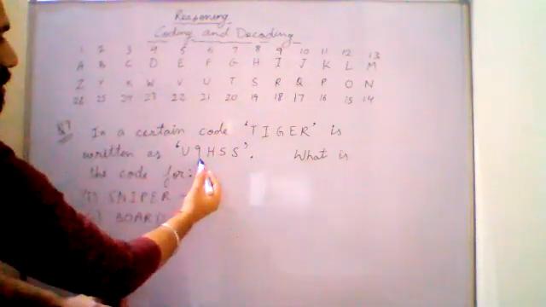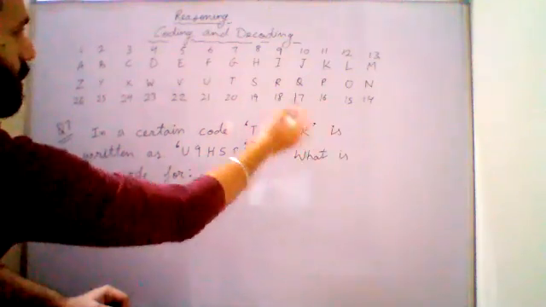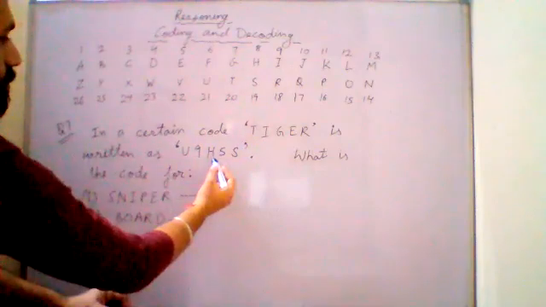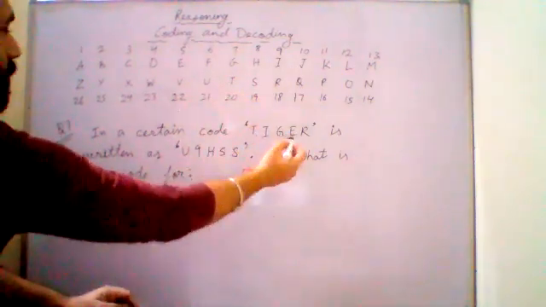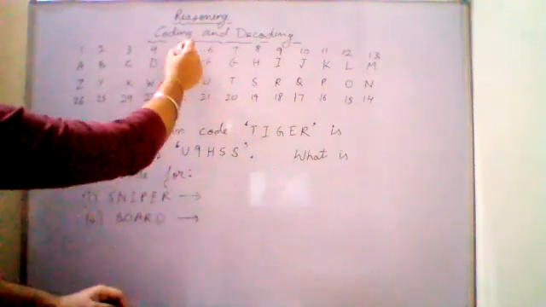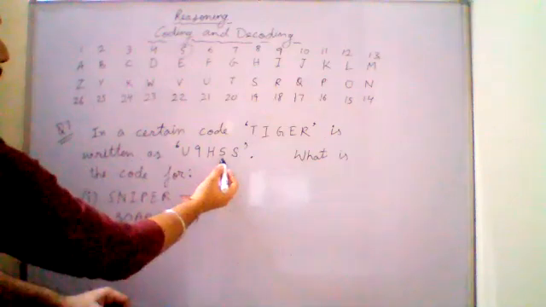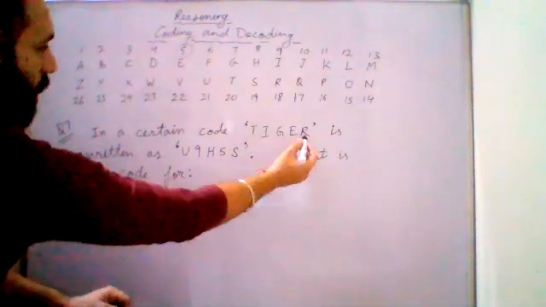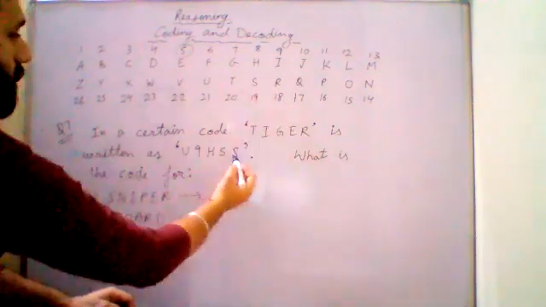Then for the third one again, we have written the next letter. G ke baad next letter is H. So we have written H. Again, for the fourth one, E, we will write the number which is 5. And then for the last letter R, you will write the next letter which is S.